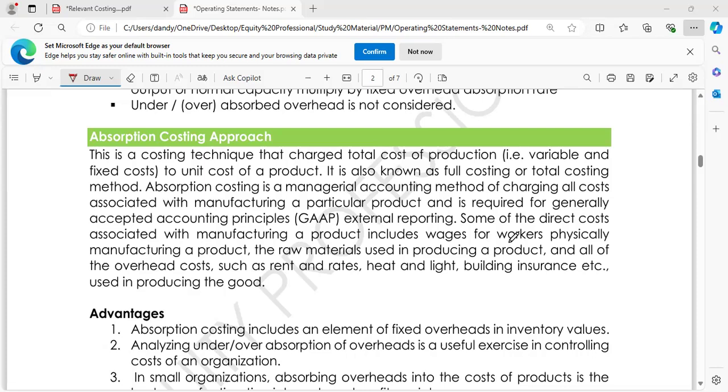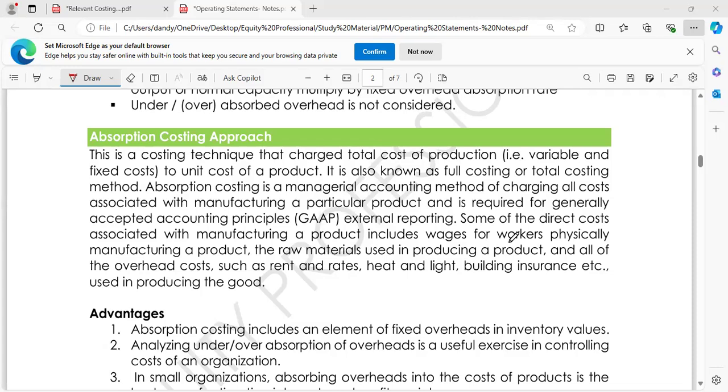And we said that the absorption costing method is a technique that relies heavily on the generally accepted accounting principles for external reporting purposes. Thereafter, we discussed the key features that you need to take into consideration when preparing income statements using the absorption costing approach.